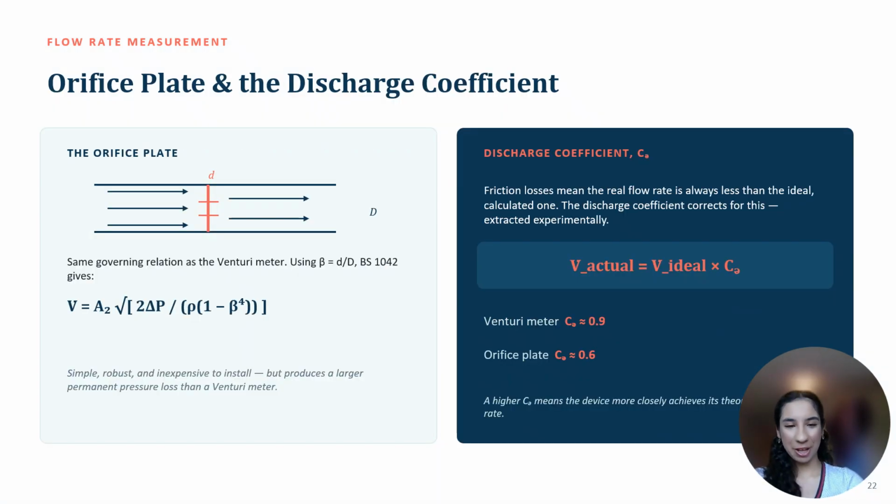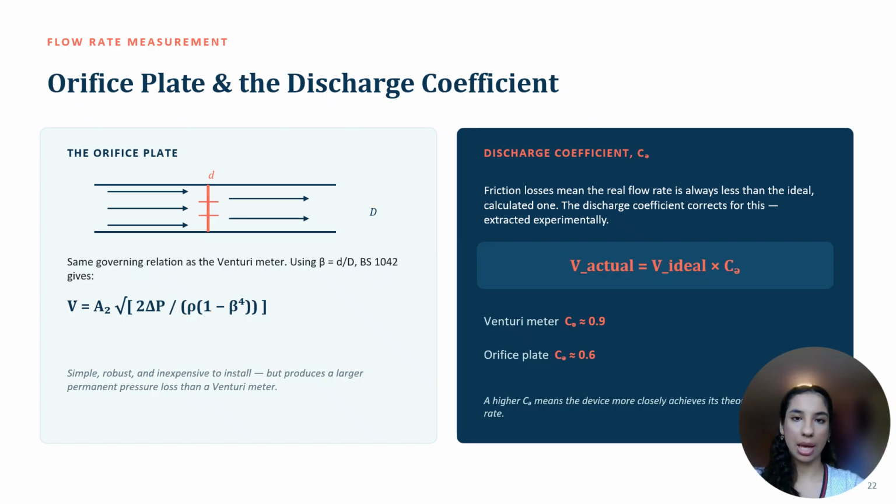Orifice plates. This is the last slide. Finally, it's been 30 minutes. We'll be doing orifice plates. Now, this is similar to the previous one, the Venturi, except it's a circular metal plate with a hole inside. You place it in a tube that is constant.